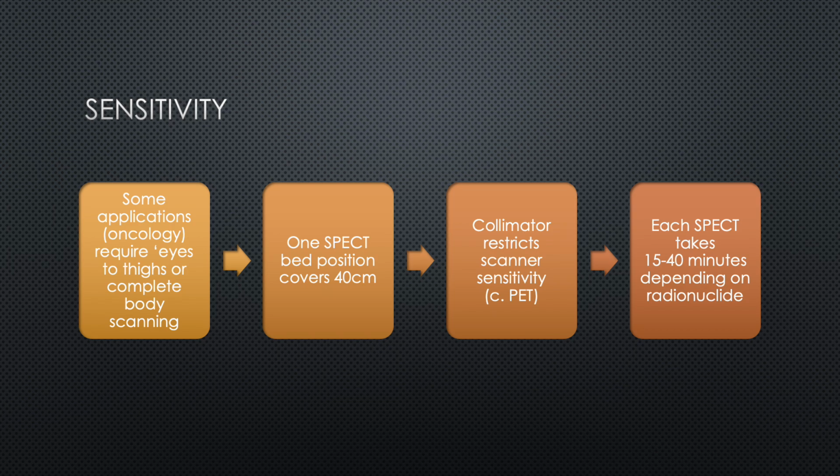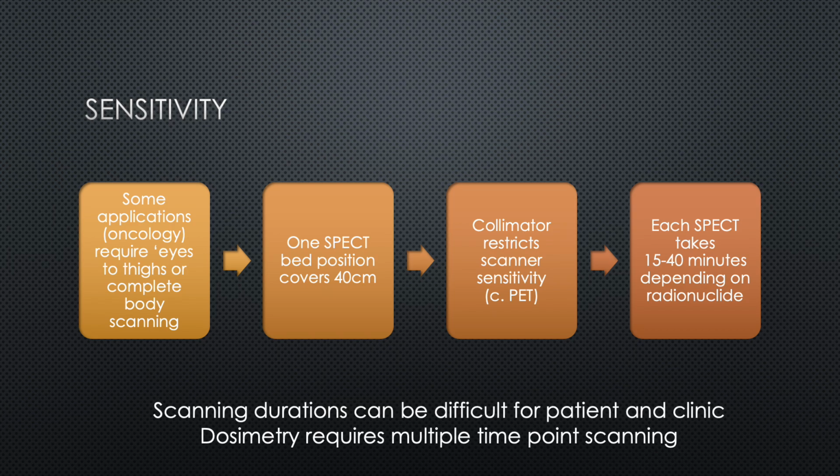And each SPECT scan, depending on the radionuclide and the radiopharmaceutical, could take anywhere between 15 and 40 minutes. So let's assume it was the worst case scenario, 40 minutes. If we have to do 2 or 3 bed positions at 40 minutes per bed position, you can see the scan is just really far too long for the patient.